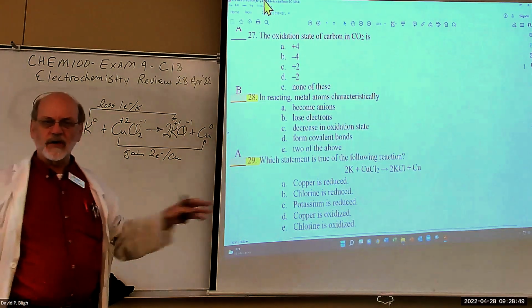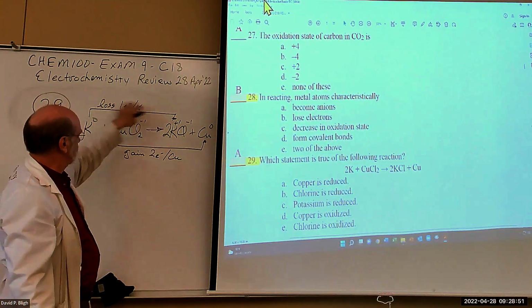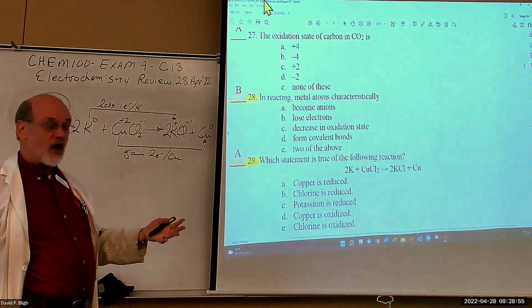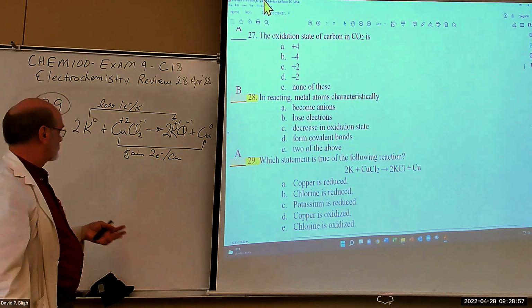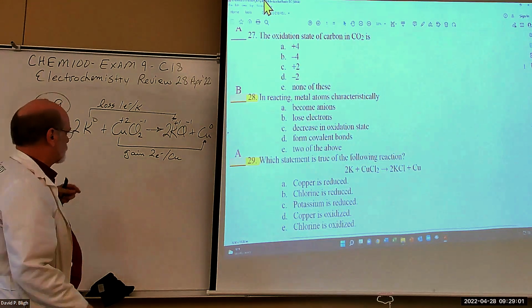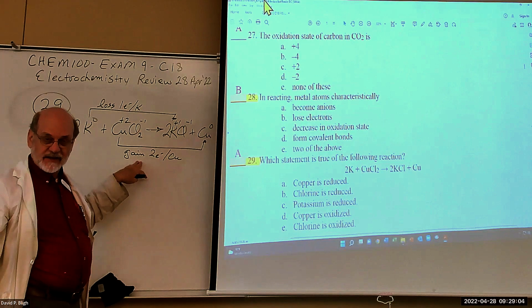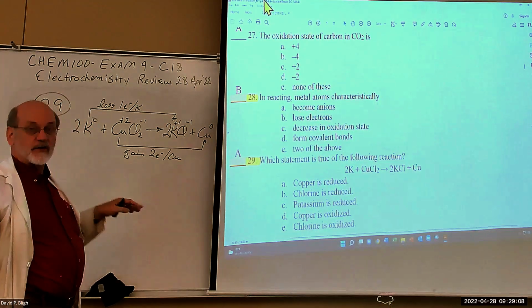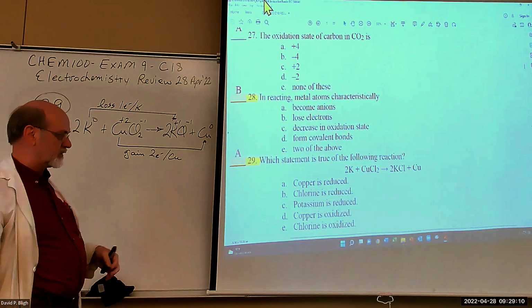Now, to answer the question, we don't have to balance this, say how many electrons. We just need to know, are they gained or lost? In this case, if we look at A, copper is reduced. Copper gains electrons, it is reduced. That is true. So the others must be false because we don't have any oddballs in there.